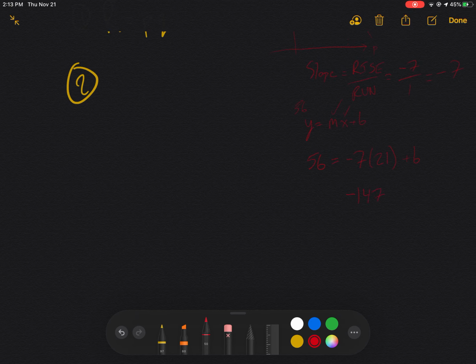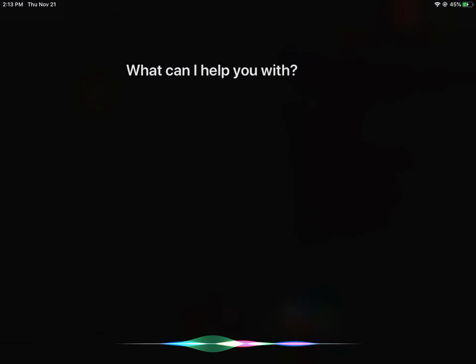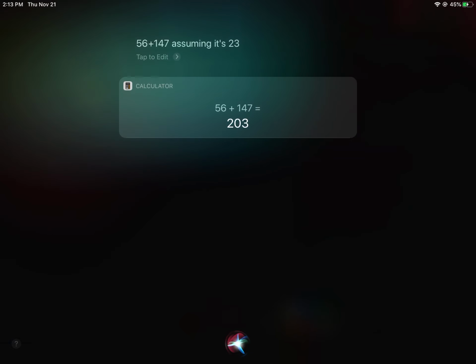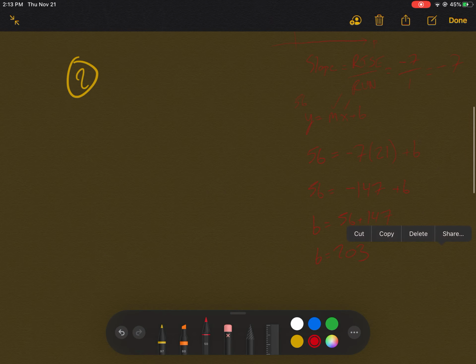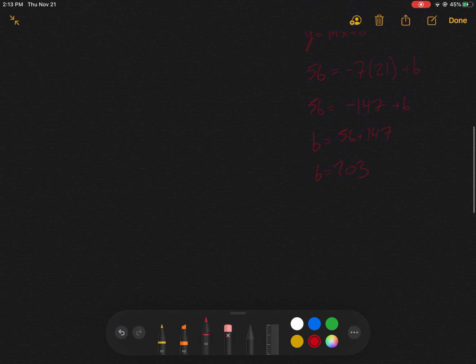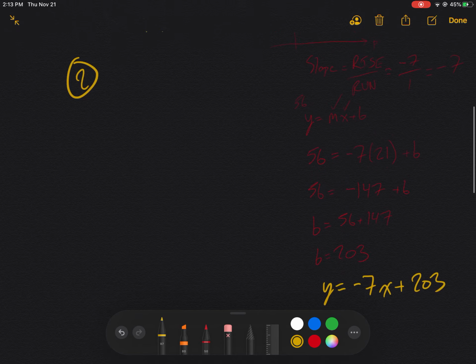Negative 147, plus b. So b should equal 56 plus 147. B equals 203. So now I have my second equation: y equals minus 7x plus 203.